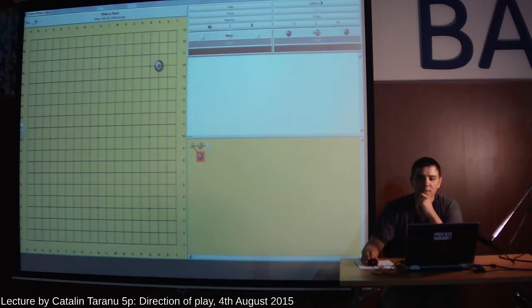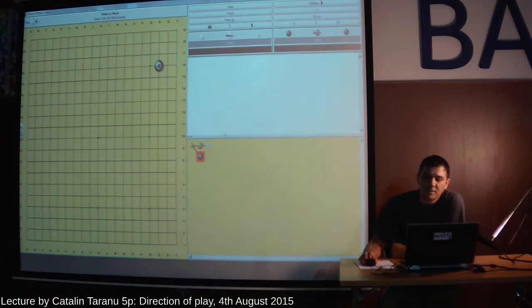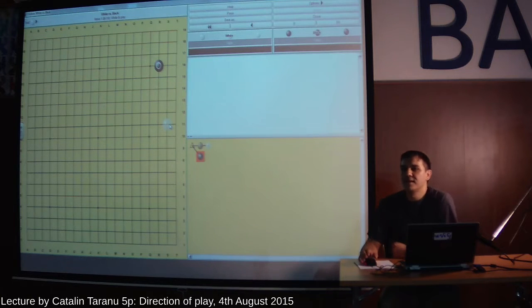So let's vote. Basically we have two sides that we can vote, the upper side and the right side. So who believes the direction of play of this Komoku is on the right side? Quite a few people. And the upper side? Oh, about the same, maybe even less.